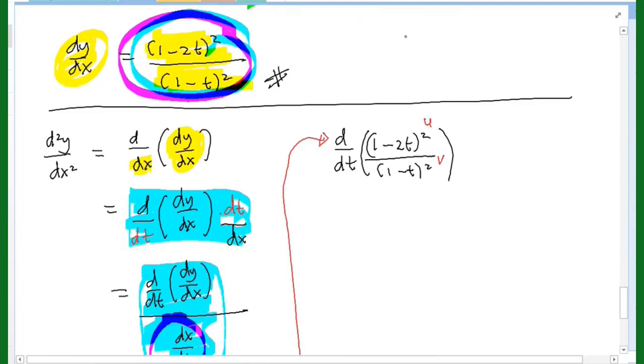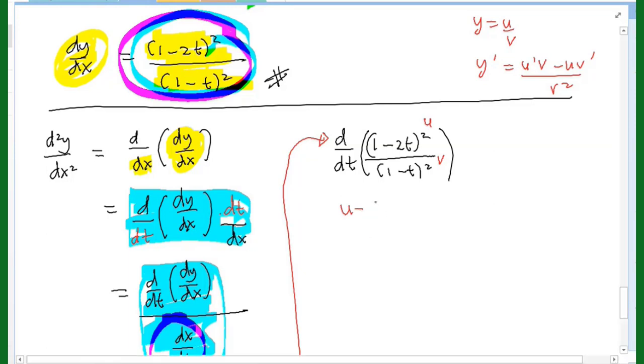So for quotient, y equals u over v, I write it every time: u v prime over v. Every time we write this. And u is equal to 1.